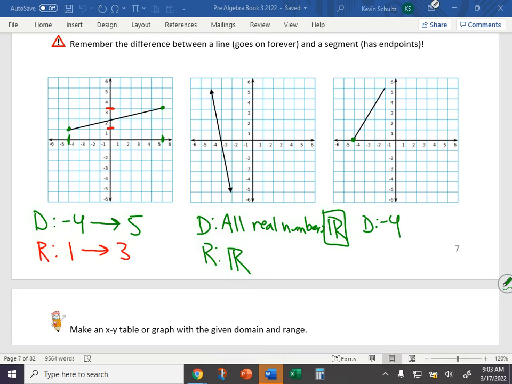So -4 is the beginning point, and you said 5 is the ending point. But we're looking at the x-axis here. I think you're jumping to the range, the y-axis. Our ending point on the x-axis is where? -1. So the domain goes from -4 to -1.